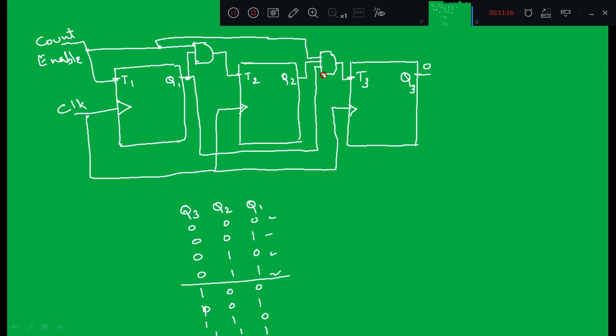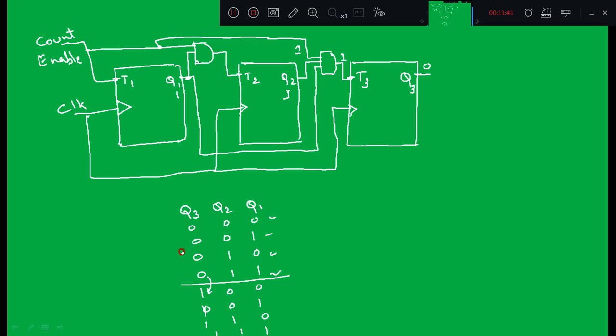When Q1 and Q2 are both high and count enable is also high, all 3 inputs of this AND gate become 1, and the output becomes 1, which is connected to T3. So Q3 will toggle.